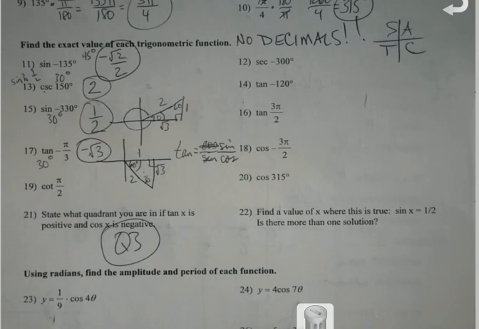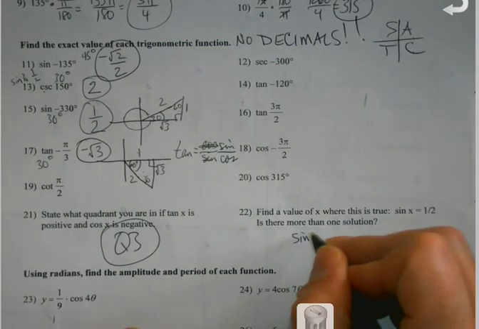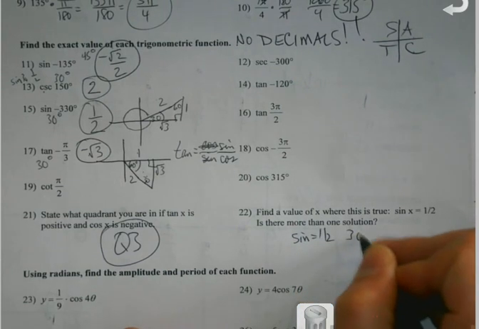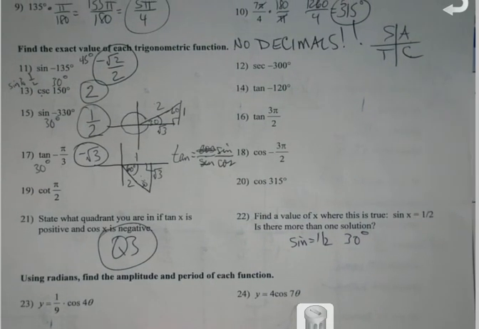Find a value of x where the following is true. Sine x equals 1/2. Is there more than one solution? Uh-oh. Sine is 1/2. Well, I know sine is 1/2 at 30 degrees, and it's positive. Would sine equal 1/2 at another degree measure?